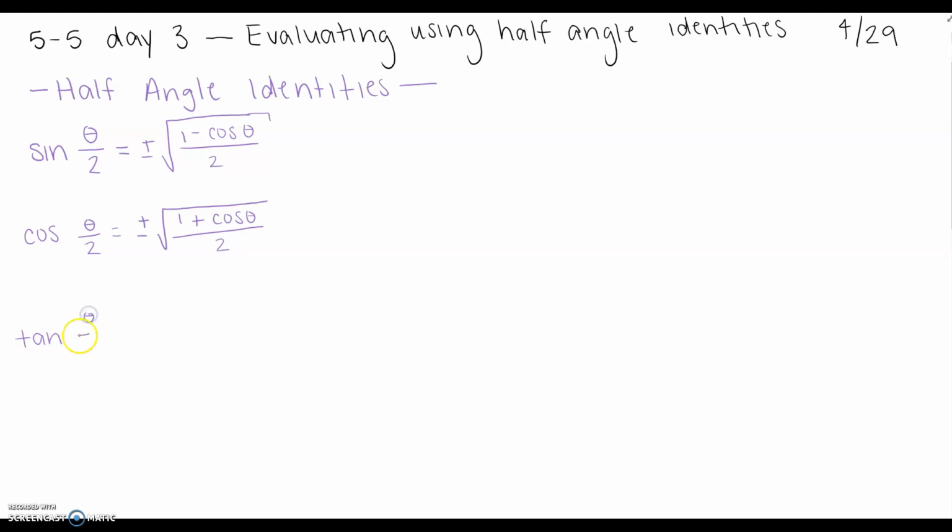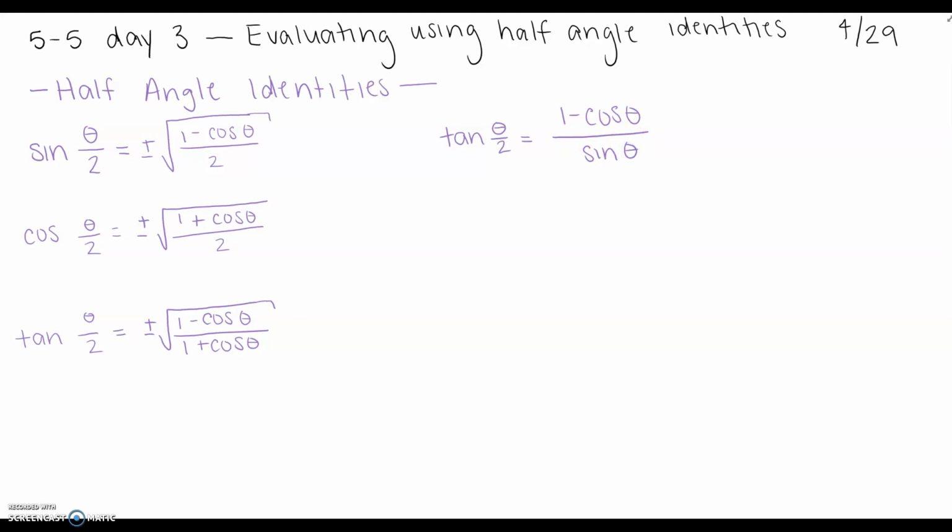So the first one is plus or minus the square root of 1 minus cosine of theta divided by 1 plus cosine of theta. Then we have tangent of theta divided by 2 equals 1 minus cosine of theta over sine of theta.